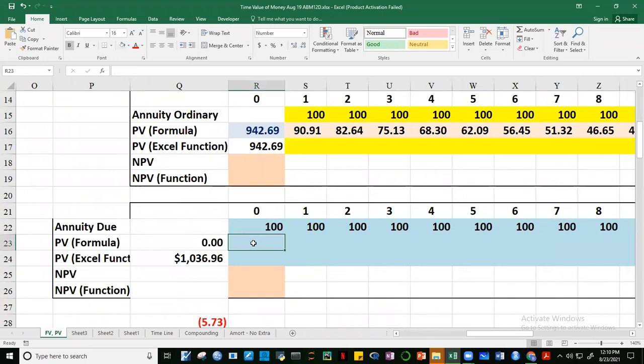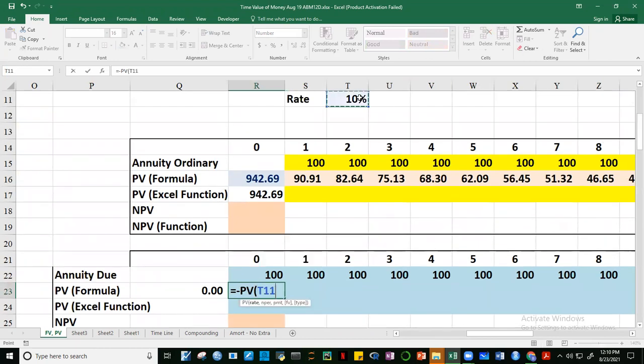Okay, so again guys, delete ko muna to. We will compute the present value. Present value rate is at 10%. Since I'm going to copy the formula to the right, fix ko yung column, and then copy.